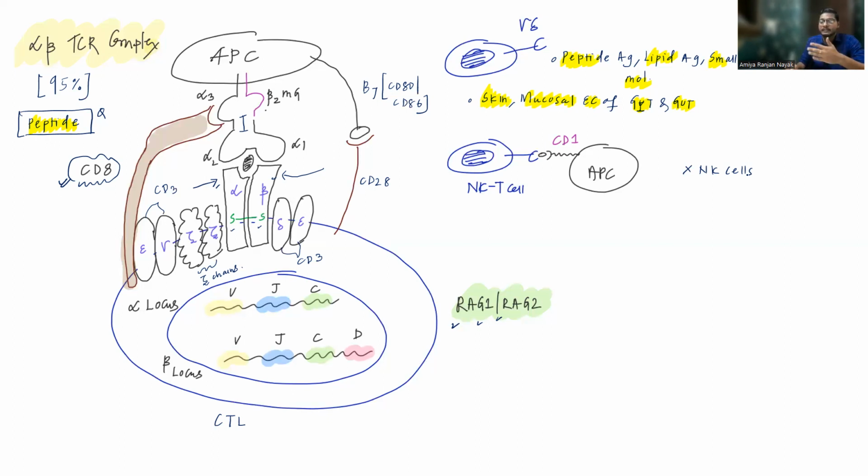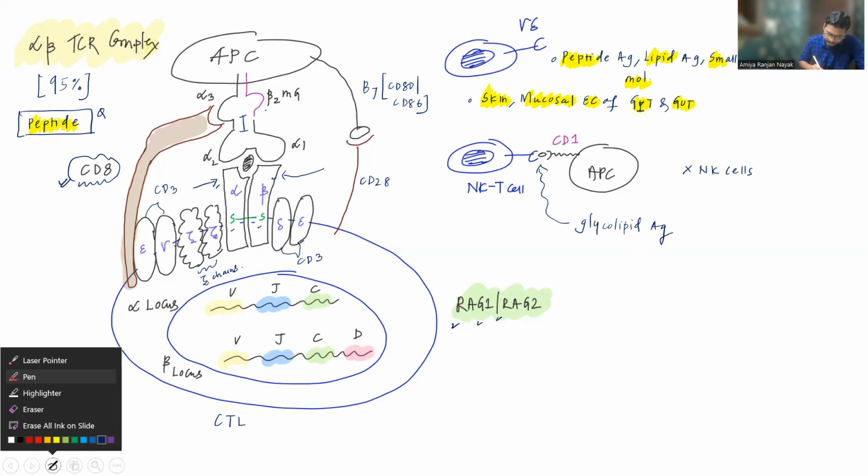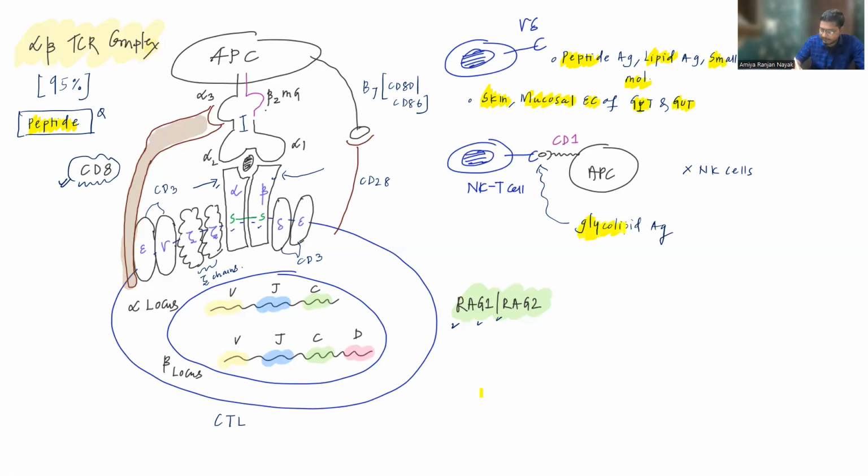This is not exactly an MHC molecule, but it is MHC-like, and it can present antigen to the NK T cells. These NK T cells identify glycolipid antigens, not peptide antigens, and only if they are presented with the help of the CD1 molecule.